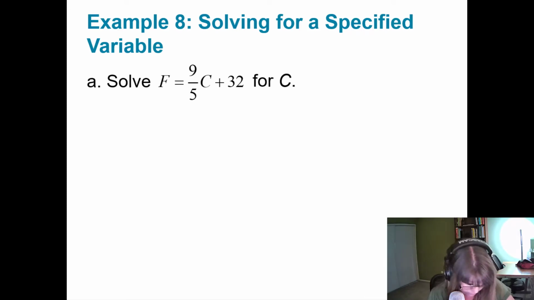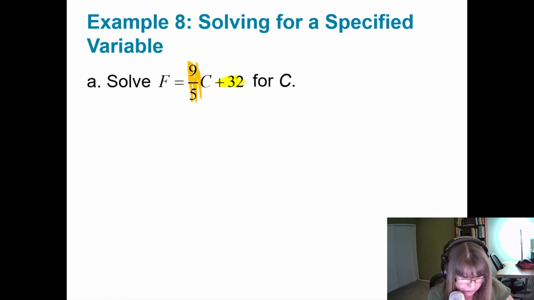For example, plus 32 is happening to the whole entire side, not just the C, versus the 9/5 is happening just to the C. So I have to get rid of the things that are going to the whole entire side first, and then I can deal with the things that are happening to the C itself.